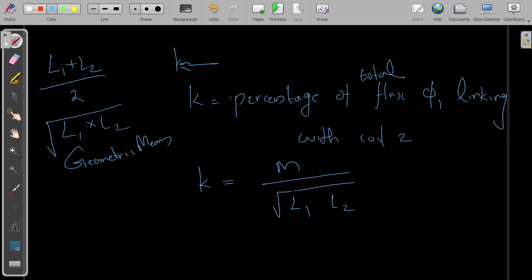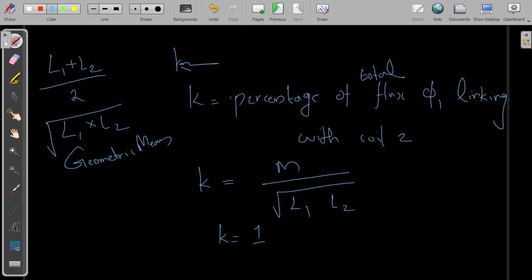And if the entire flux produced in one coil links with the other, the value of K will be 1. That is K is equal to unity, that means coefficient of coupling is 1. That means the entire flux produced in one coil links with the other, no flux is wasted, no flux leakage.